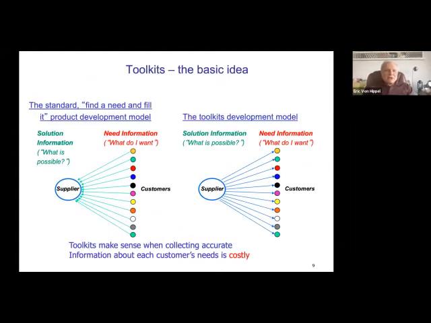So here is the basic principle of the thing. Traditionally, if you look on the left, it's always been about find a need and fill it. In other words, we as manufacturers look at you, whether we study ethnography or whatever, and we try to understand what you want, and then we try to do it for you.